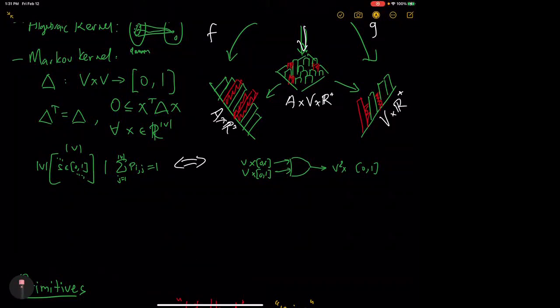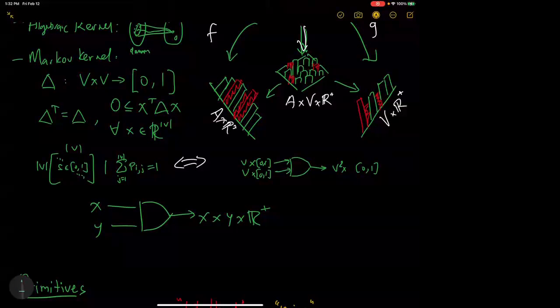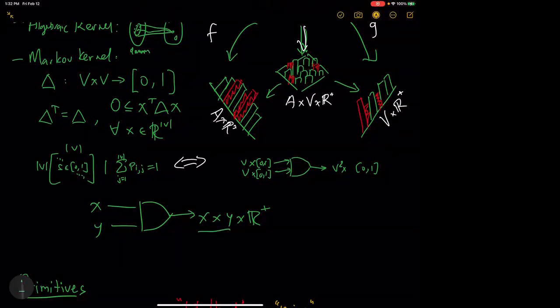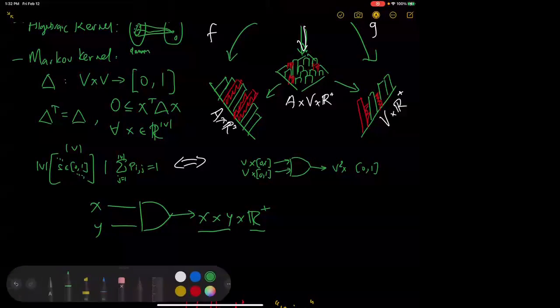So you have a function which takes, say, x and y, and you'd like to output x cross y cross this number, right? That way you have a space and a number that you can compose with another function.